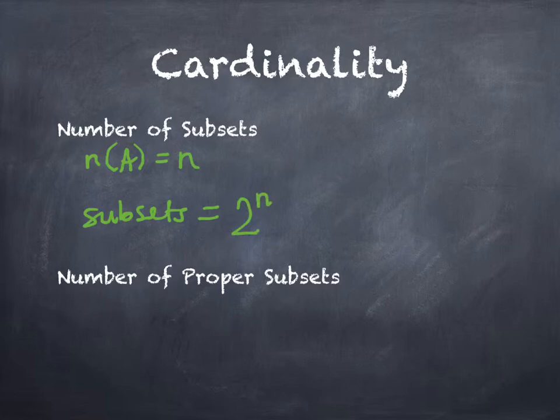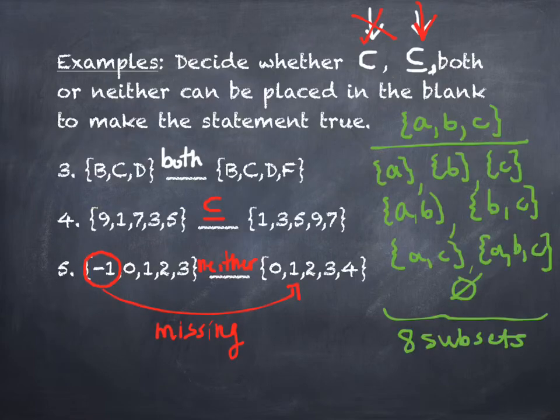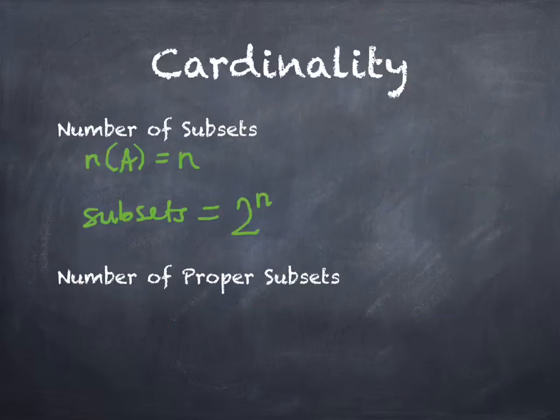And we can check that real quick if we go back to the previous slide and see that that actually worked over here. So if you take a look, our n is 3. There are 3 elements in that set. And if I take 2 raised to the 3 power, that will be the 8 subsets that I got before.